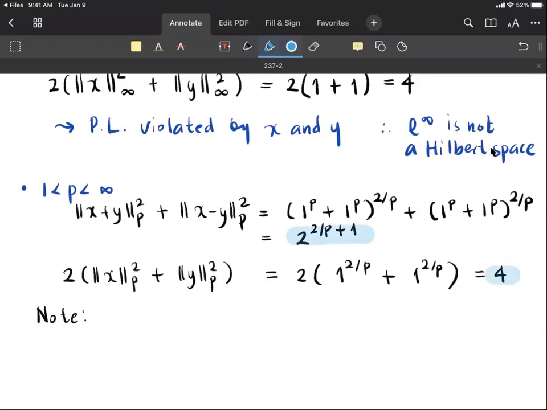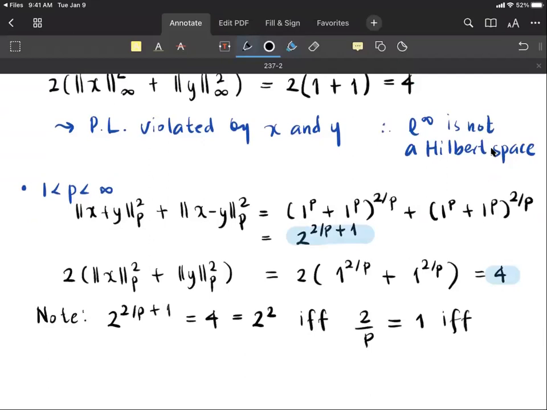If and only if the power of 2 would be equal to 2. So let's write it here. These two are equal if and only if 2 over p plus 1 is equal to 2, or 2 over p is equal to 1. And this is true if and only if p is equal to 2. Put in another way, if p is not equal to 2, then these two quantities are not equal.